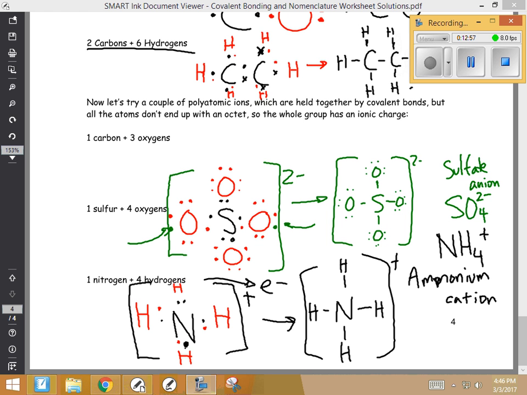Doesn't leave me a lot of room for carbonate up here, which is most complicated, so I'm going to actually erase all this, if you don't mind.